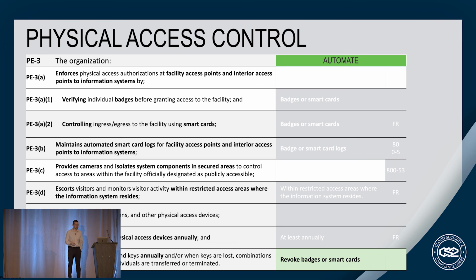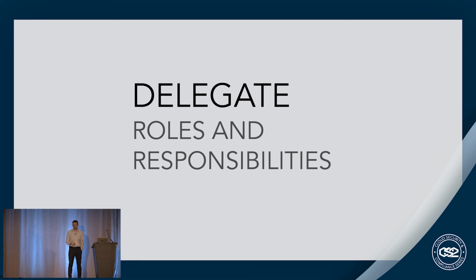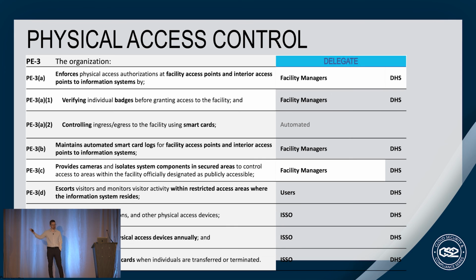And then we would get into delegating roles and responsibilities. If I were to take the DHS 4300A sensitive systems handbook and look at which entity or individual in that handbook has the responsibilities for each of these subparts, I would find that my facility managers are going to be responsible for all the doors and all of that stuff.